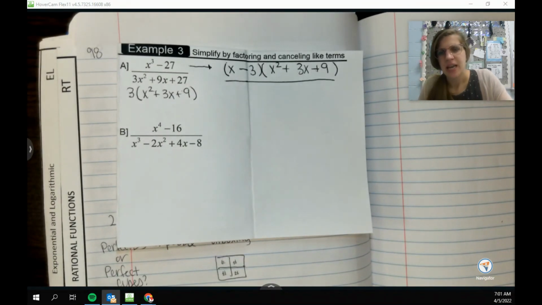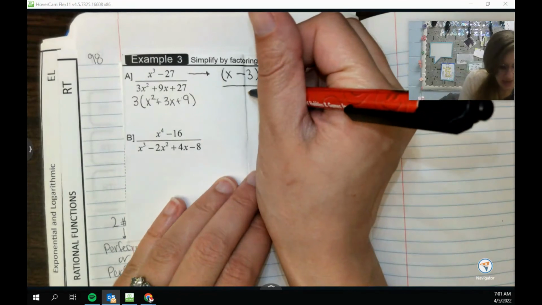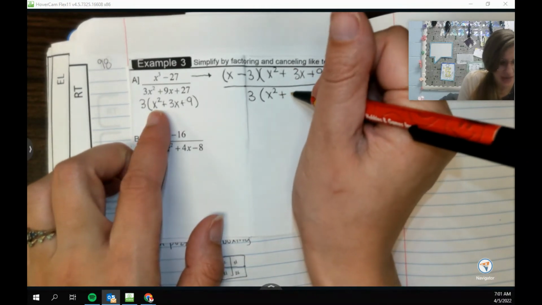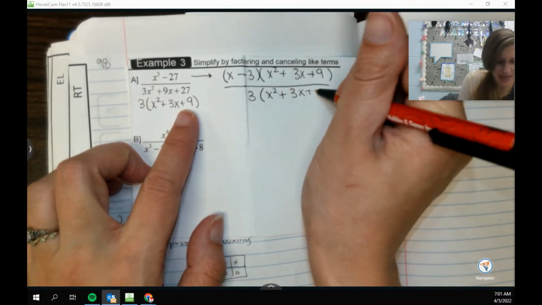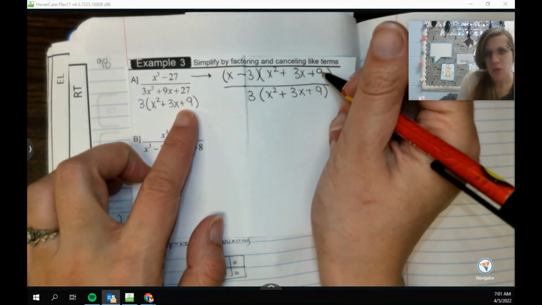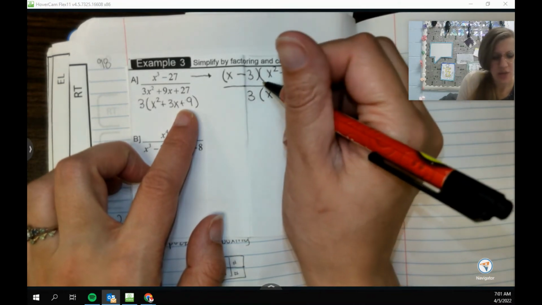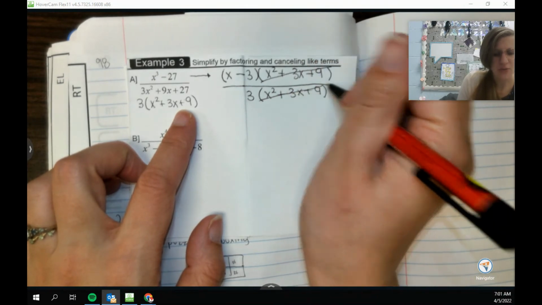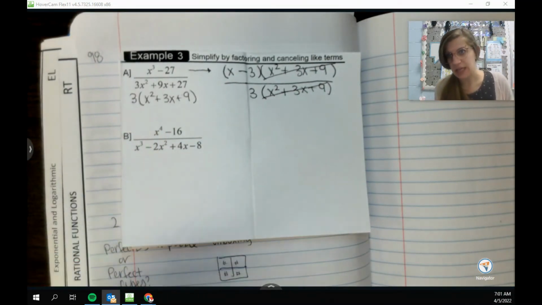And I'm pretty sure it won't work, and I kind of don't need it to anyways, because if you notice, when I bring this over and put it under, that trinomial, that x squared plus 3x plus 9, is the same one that I just got in the numerator. So this full trinomial can divide out with that full trinomial because they are completely the same.